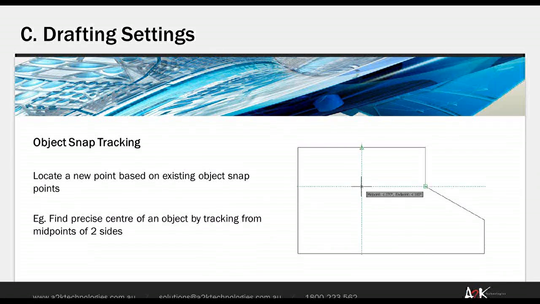Then you can take it to the next level with what they call object snap tracking. You can locate a new point based on the existing object snap. So you can find the precise center of an object by tracking from two midpoints of two sides without having to draw a construction line.